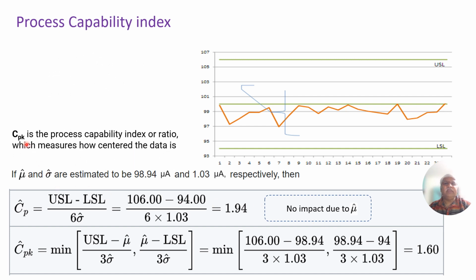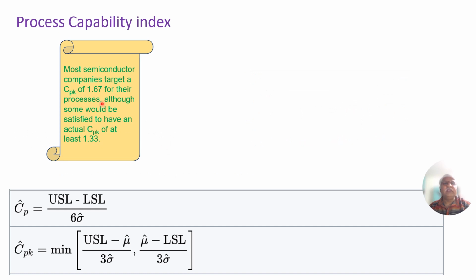So CPK represents the process capability index or ratio, which measures how centered the data is. And most semiconductor companies target a CPK of 1.67 for their processes, although some would be satisfied with an actual CPK of 1.33.